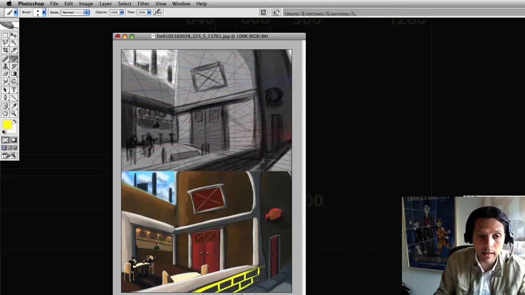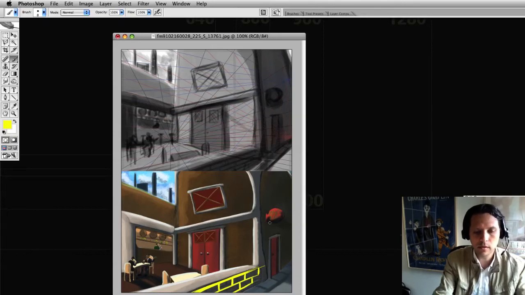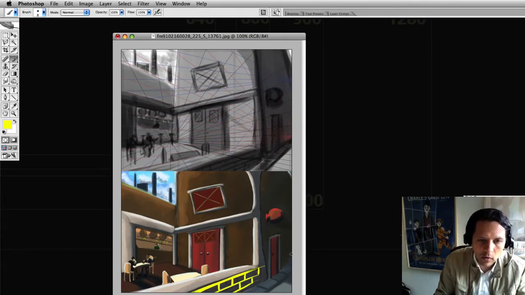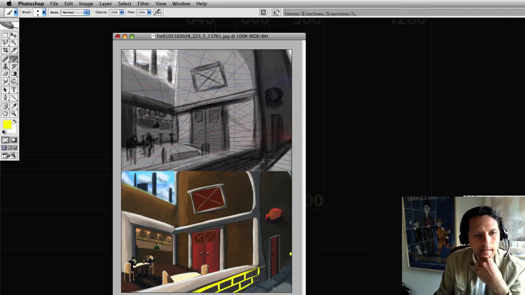So try to get those lines. All these ones would be going to the same vanishing point, and you want to get that for sure.